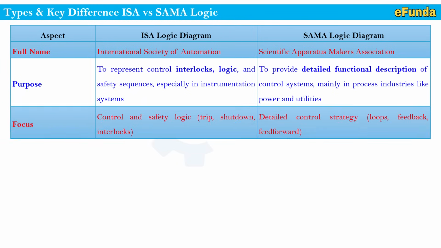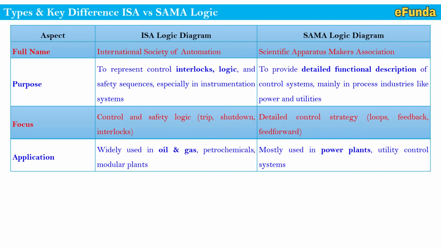Focus: under ISA, control and safety logic, that is trip, shutdown, interlocks, is the focus. Whereas in SAMA logic, it is detailed control strategy, that is loop, feedback and feed forward type control. Application: ISA logic is widely used in oil and gas, petrochemical and modular plants, whereas SAMA logic is mostly used in power plants and utility control systems.